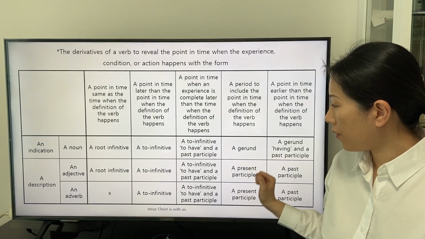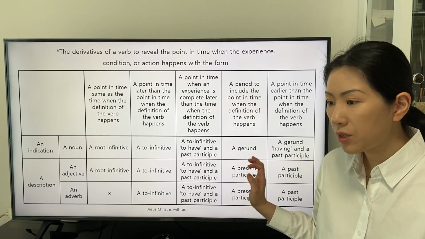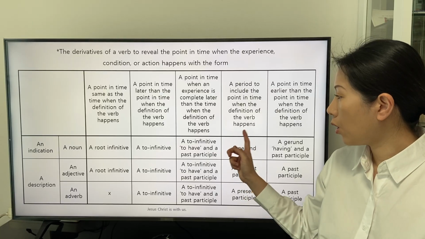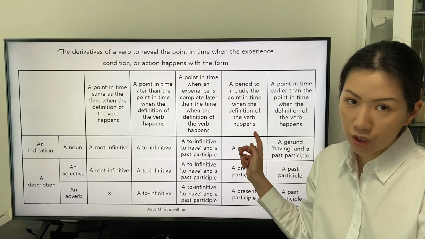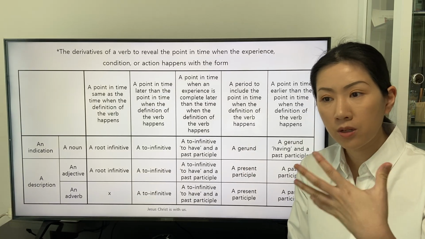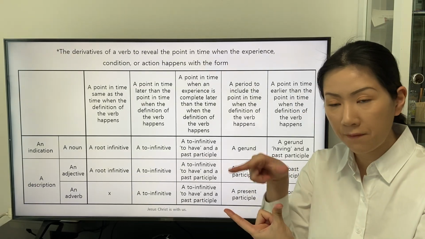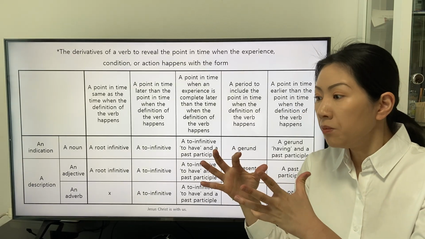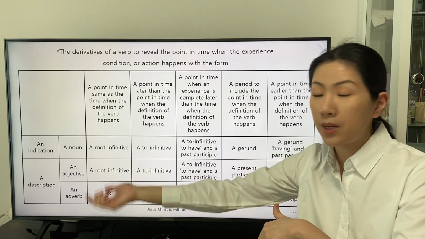The form of a gerund and a present participle, which have the same form, the form of a verb and the suffix ing, reveal the information that the definition of the verb ahead of the suffix ing lasts for a period.